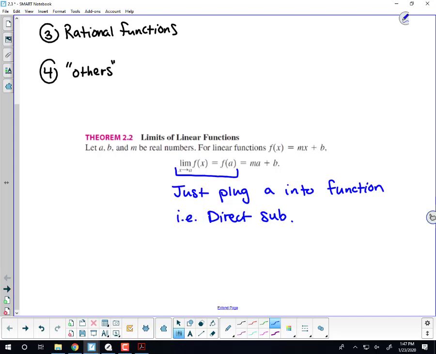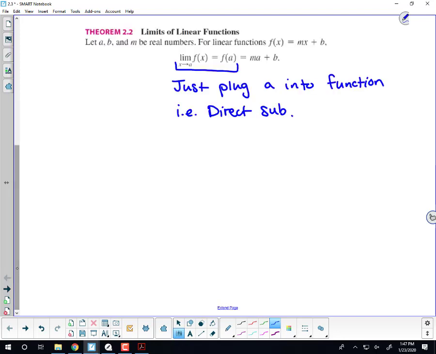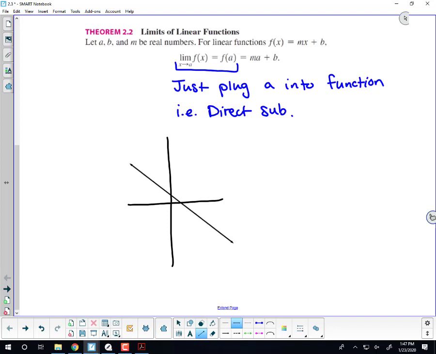We don't have any restrictions, so hopefully that's pretty straightforward. If I have some linear function, no matter what value I'm approaching, it's all connected, so I can approach that value from the left and the right.